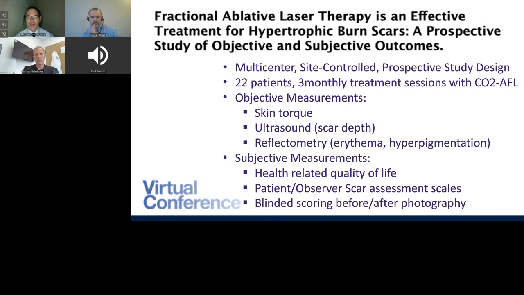They enrolled 22 patients that each received 3 monthly treatment sessions with ablative fractional CO2 resurfacing. And they tried to perform objective measurements using skin torque, ultrasound for scar depth, and then reflectometry to objectively measure erythema and hyperpigmentation, which are two of the challenges with scarring that we'll hear a lot about from patients.